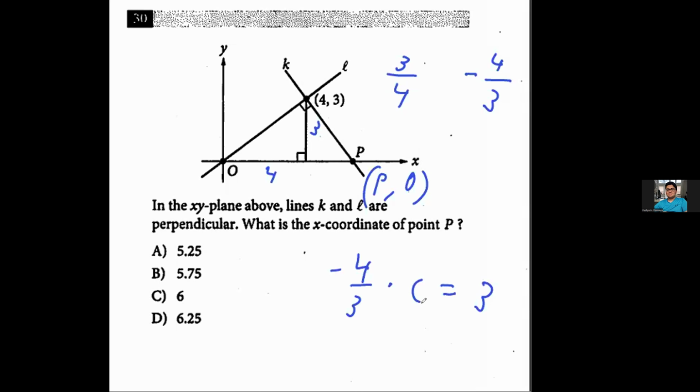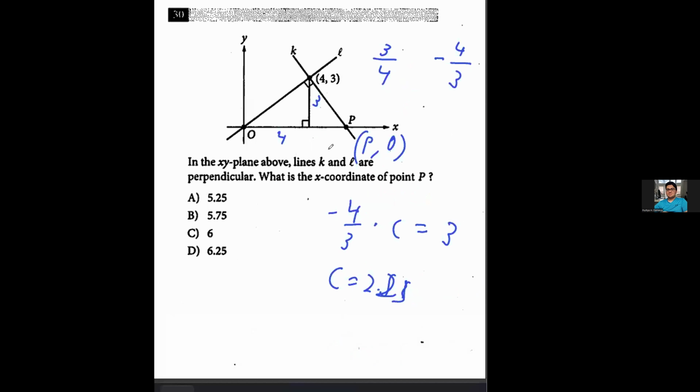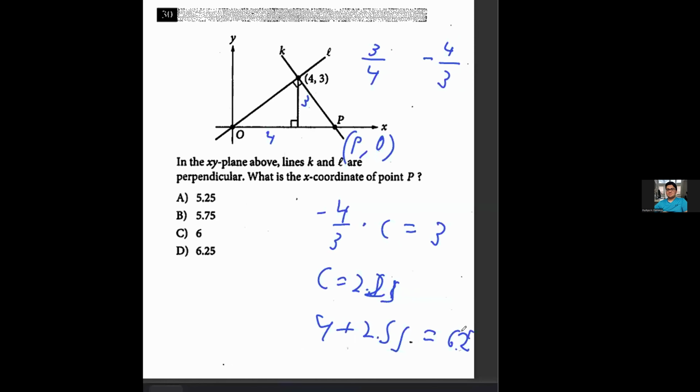We take 3 and divide by -4/3, which gets us 2.25. So that would just mean we have to add that value to the original. So 4 plus 2.25 is equal to 6.25. So the correct answer would be D.